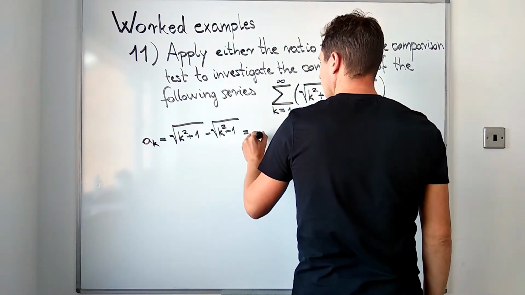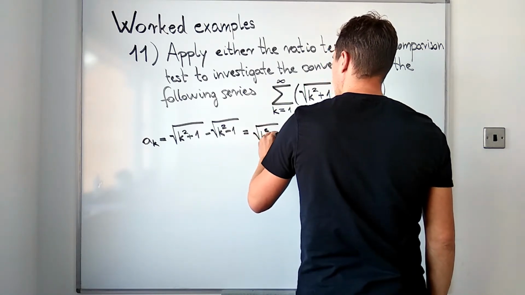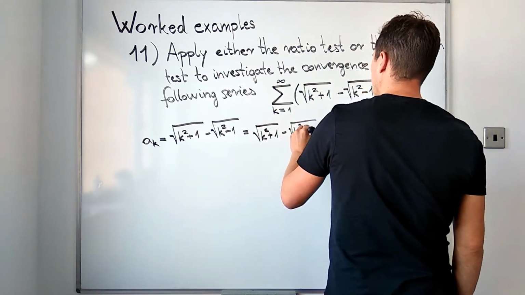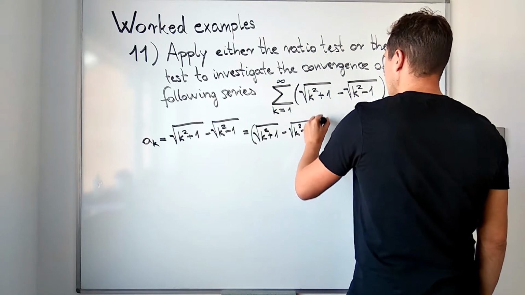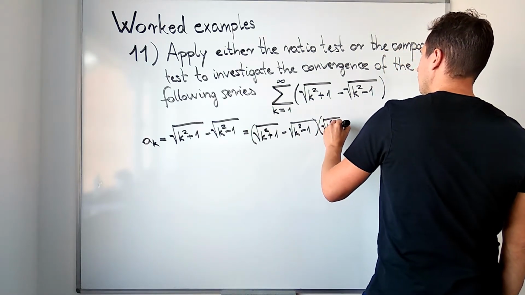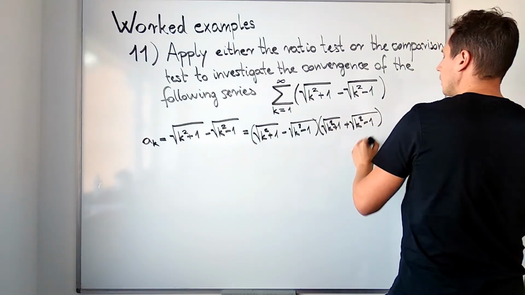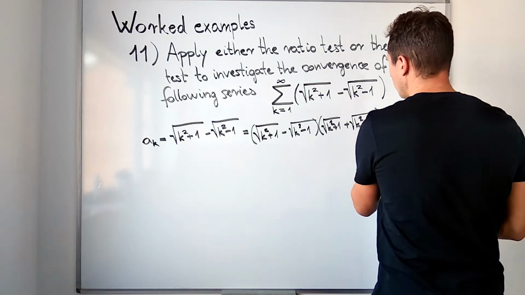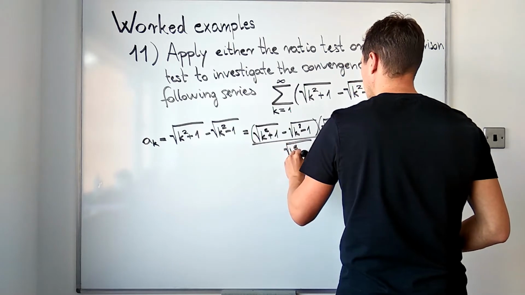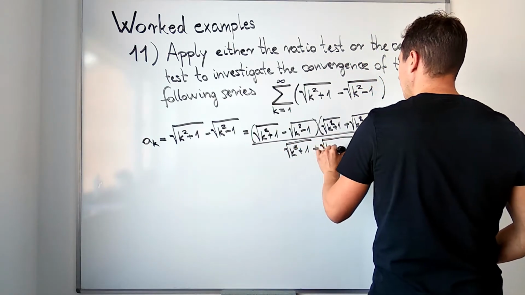The way we have dealt with them is to multiply this expression by 1 in a tricky way, that is, to take the sum of these two square roots and multiply by that sum, but of course we also have to divide by that sum, just to make this equality true. So what do we get then?